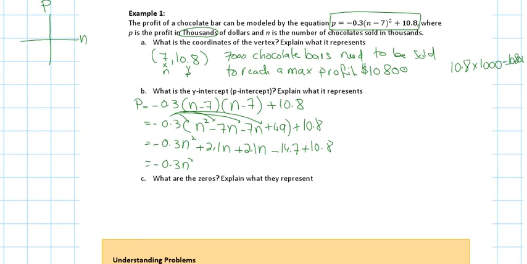Plus 4.2n, and then negative 3.9 if I subtract these two. Does that say plus 2.1n? Yes, because negative 0.3 times negative 7 is 2.1.